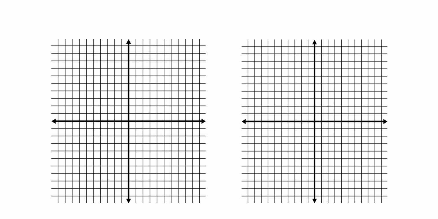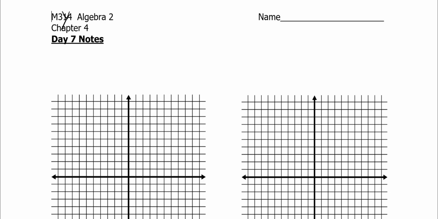Let's just come up with a couple of inequalities, okay? So I'm going to say y is greater than 2x plus 1, and y is less than or equal to negative 1/3 x minus 4.